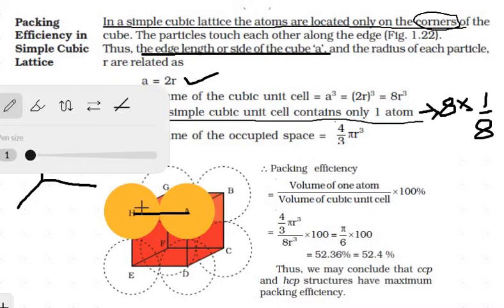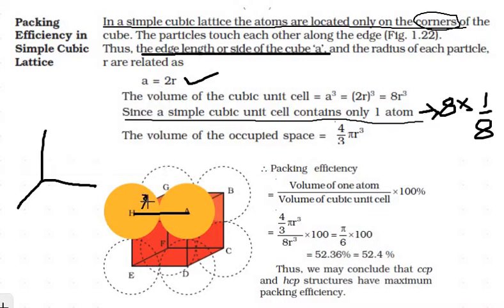So if you write this, this will become r, and this will also become r. So this r and r together will become 2r. So this is actually the same edge, this edge I am talking about.